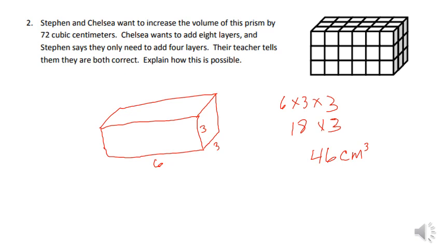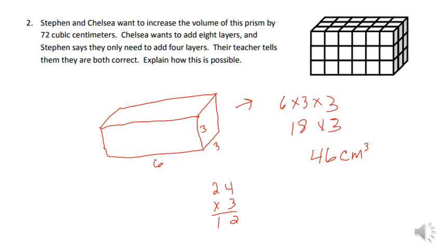Now, they want to increase by 72 cubic centimeters. First, let's say Chelsea wants to add 8 layers. Well, let's see. If I added 8 layers going this way, and that's 8 by 3, that'd be 24. 24 times 3 would be 72.